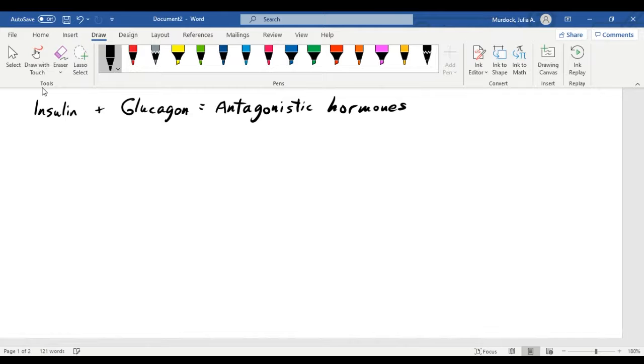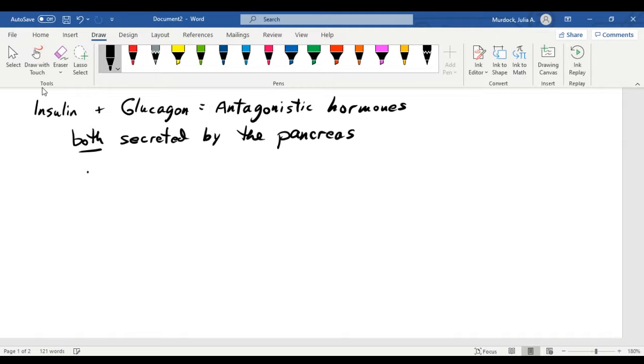They are both secreted by an organ called the pancreas, which is kind of a mottled organ that is located right underneath your stomach. And the pancreas secretes these two hormones depending on what your blood sugar level is, right? So here's what each one of them does.